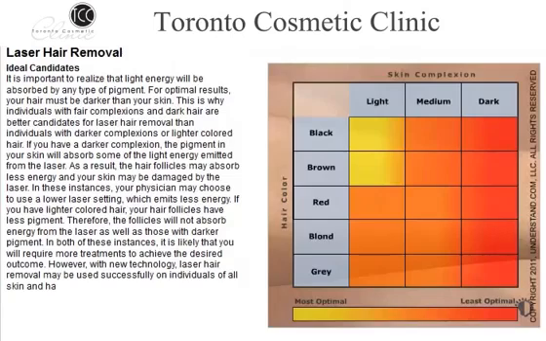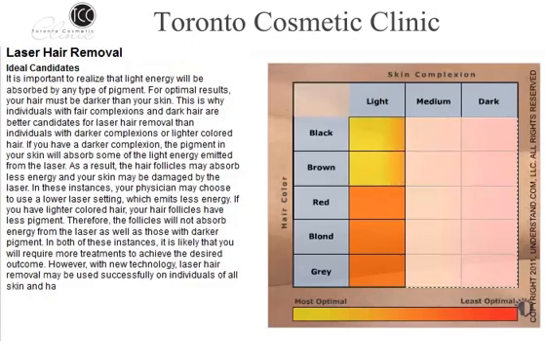It is important to realize that light energy will be absorbed by any type of pigment. For optimal results, your hair must be darker than your skin. This is why individuals with fair complexions and dark hair are better candidates for laser hair removal than individuals with darker complexions or lighter colored hair.